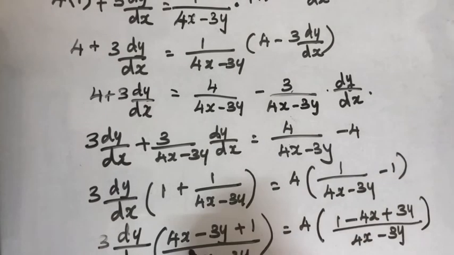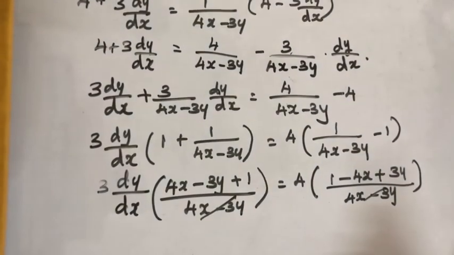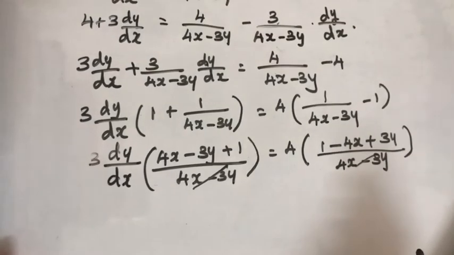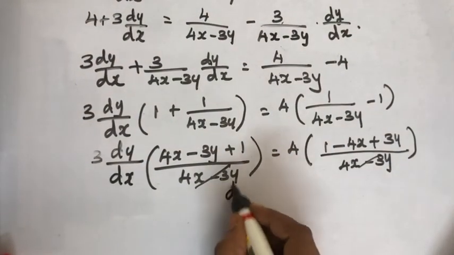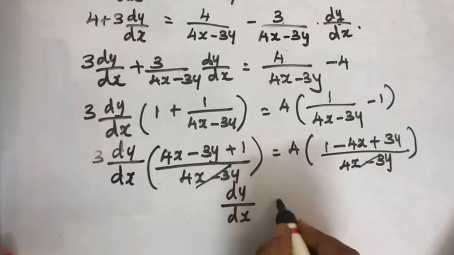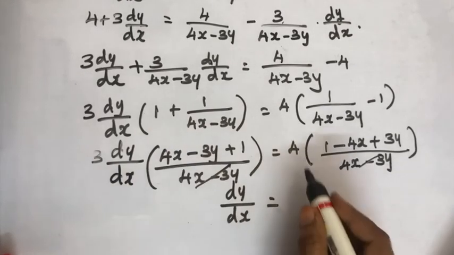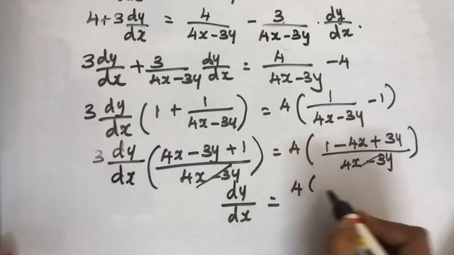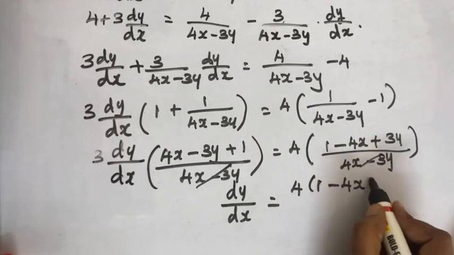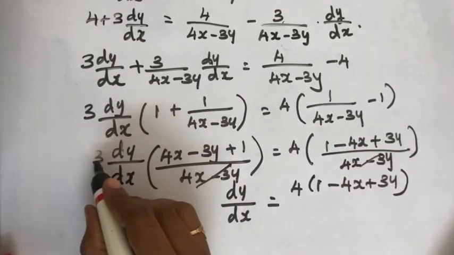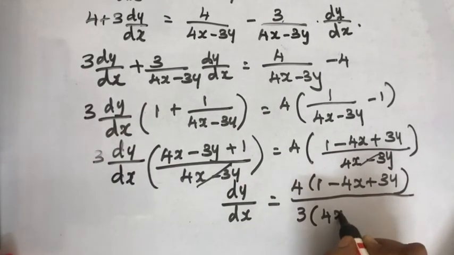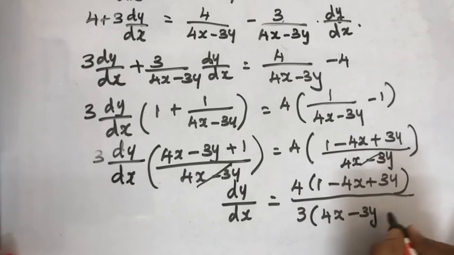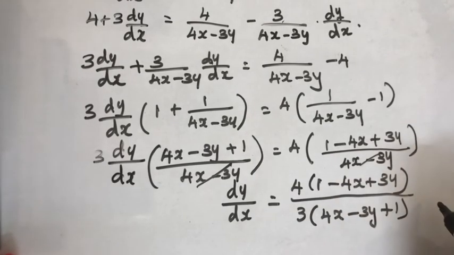In both the cases we have 4x minus 3y in the denominator, so I can cancel that. dy by dx is equal to, we can cross multiply the terms, 4 into (1 minus 4x plus 3y) divided by 3 into (4x minus 3y plus 1), and that's the answer.